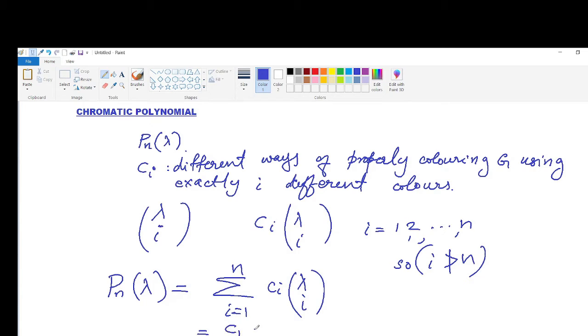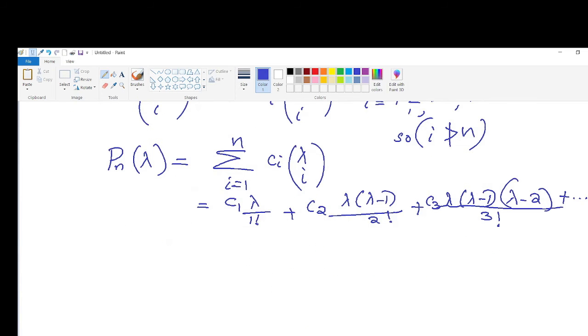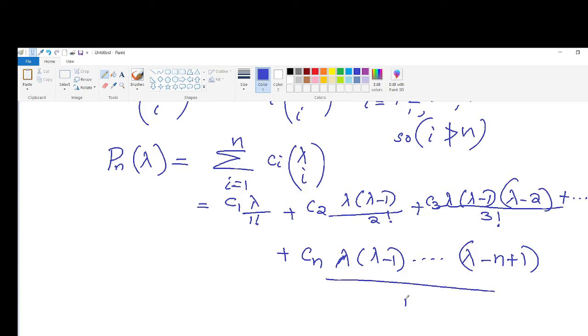This is equal to C1 into lambda by 1 factorial plus C2 into lambda into lambda minus 1 divided by 2 factorial plus C3 into lambda into lambda minus 1 into lambda minus 2 divided by 3 factorial plus etcetera, plus Cn into lambda into lambda minus 1 into etcetera into lambda minus n plus 1 divided by n factorial.